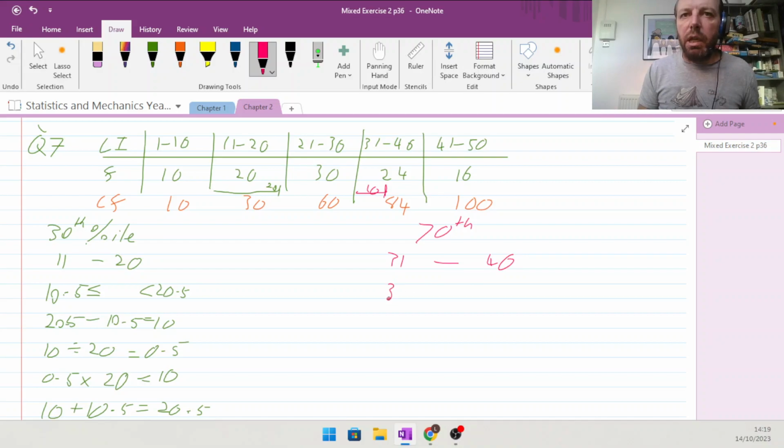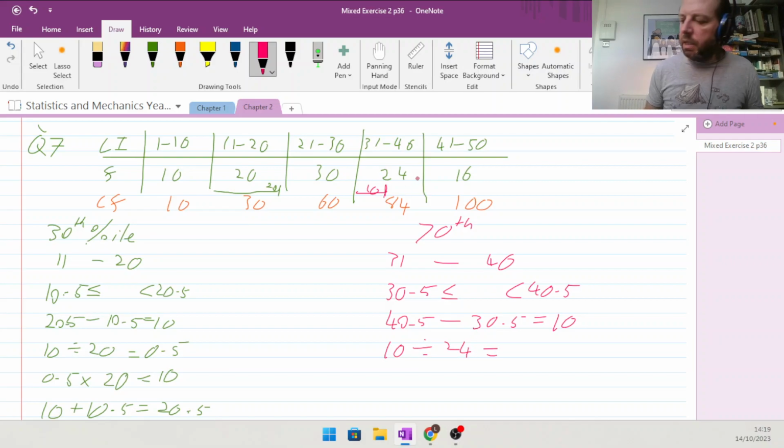So we are looking at 30.5 to 40.5, and so we can do the 40.5 take away the 30.5, which of course is still 10. The 10 divided by the 24 people in the entire class interval.